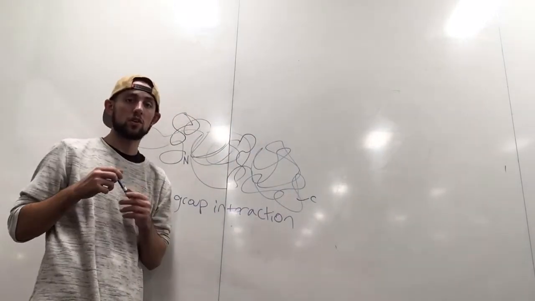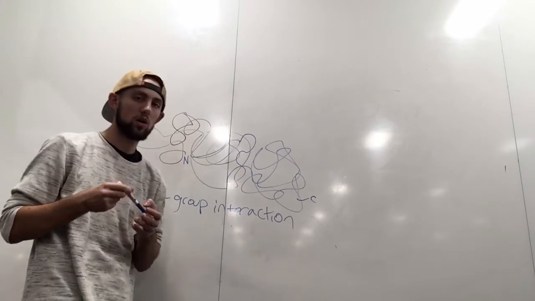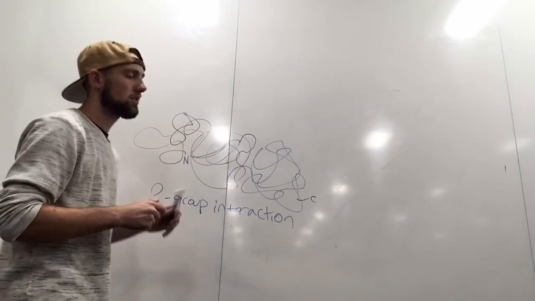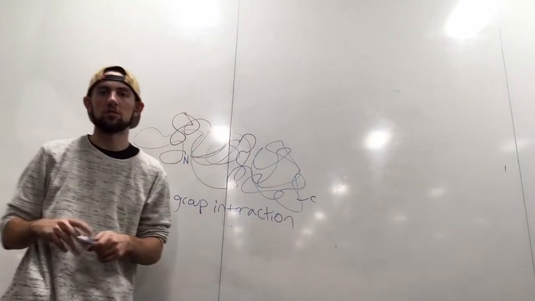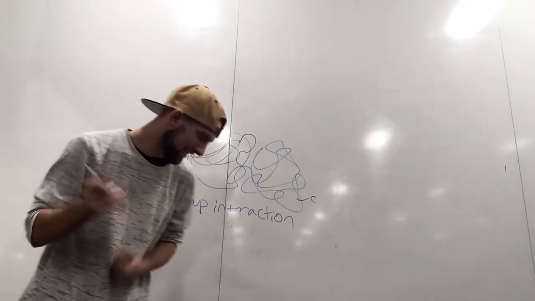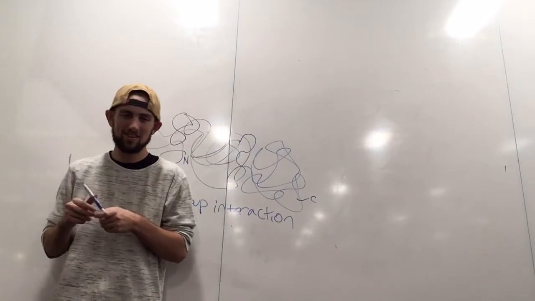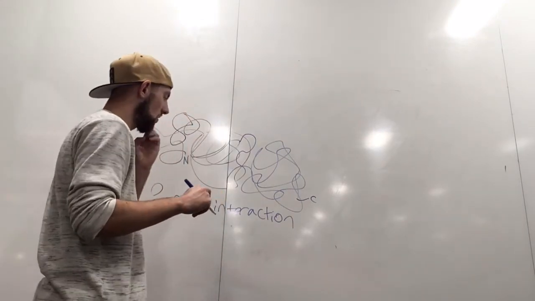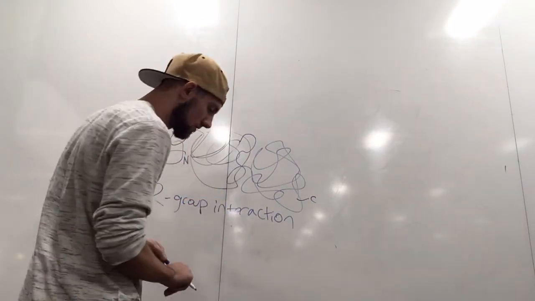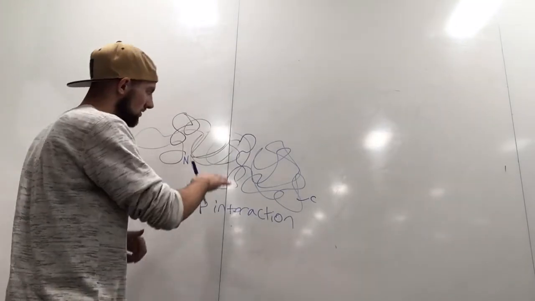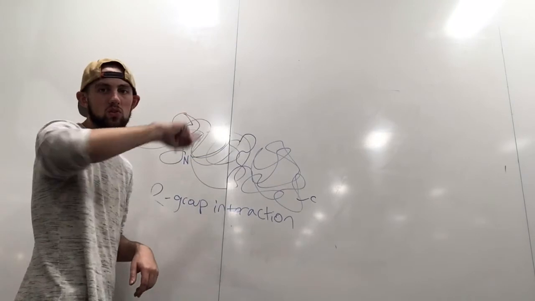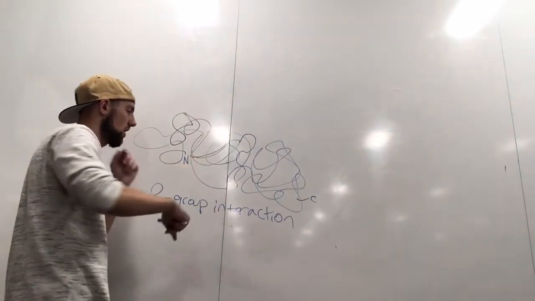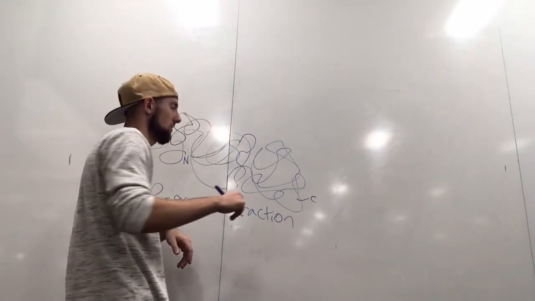Another thing to keep in mind when we're talking about the quaternary level: how do these form up and how do these break? Again, through R group interactions. So we have this. I know it looks like a blob, but really it's just one big, large chain of amino acids or polypeptides.